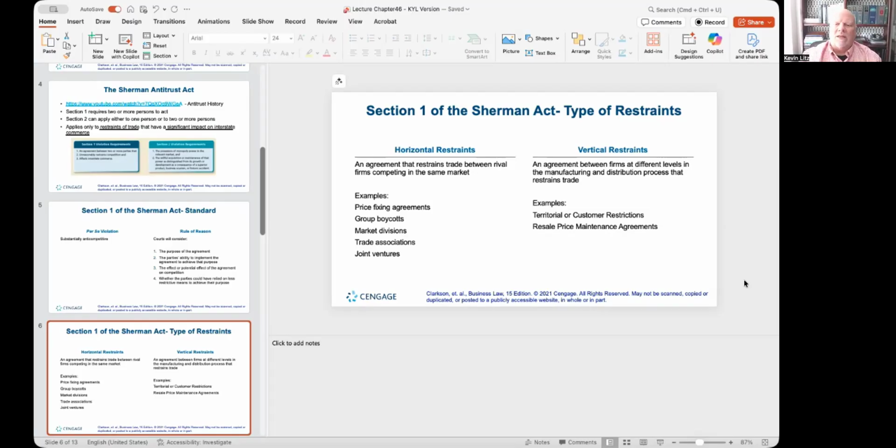Joint ventures, same thing. Now, what are vertical restraints? Let's jump back to agriculture, which is where I wanted to get to. You are a bakery and you own hundreds or thousands of bakeries around the US, and you want to charge even more. So what you do is you buy the land upon which wheat is grown.